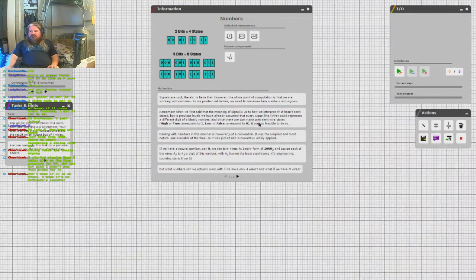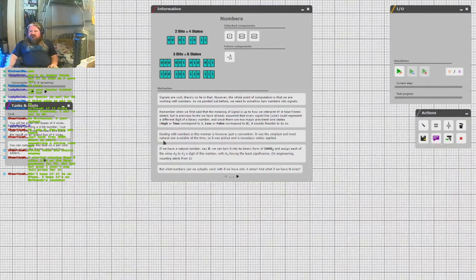And since there are two major prevalent wire states, high or true corresponding to 1, low or false corresponding to 0, it sounds feasible to do so. Dealing with numbers in this manner is, however, just a convention.